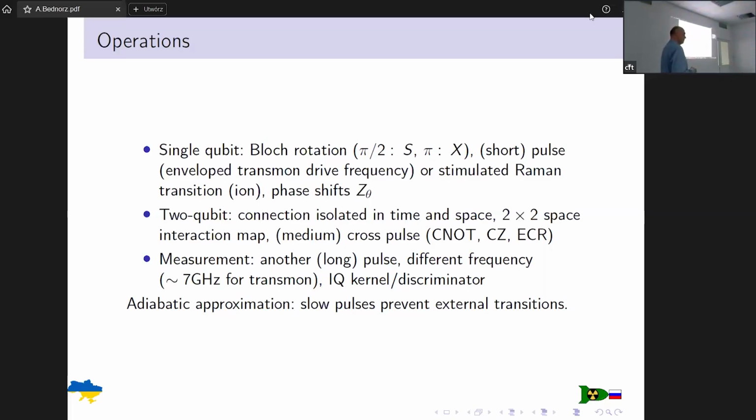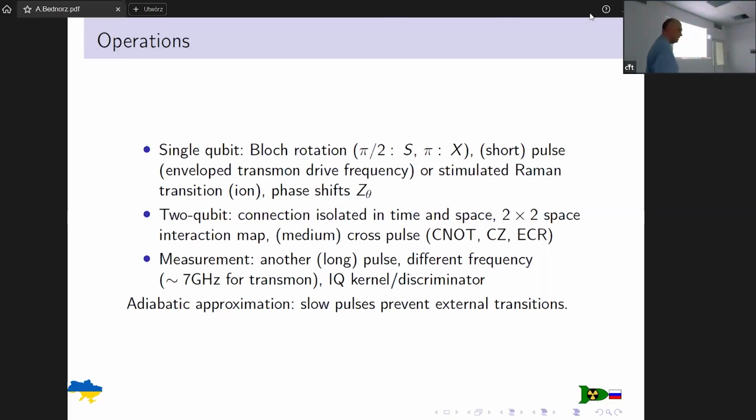Measurement is a bit different because now we are going back to this two-level structure. To measure a qubit, you have to map it to something else, so you need to emit a different frequency. Something which has a response to the state of the qubit, so it can detect whether the qubit is in state 0 or 1. It is also a somewhat mysterious IQ kernel.